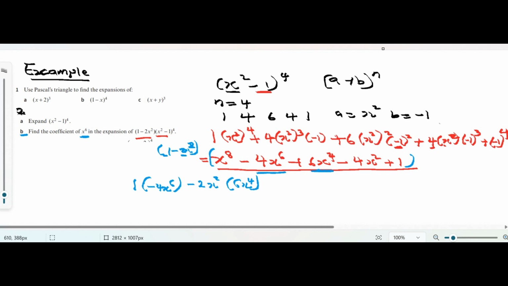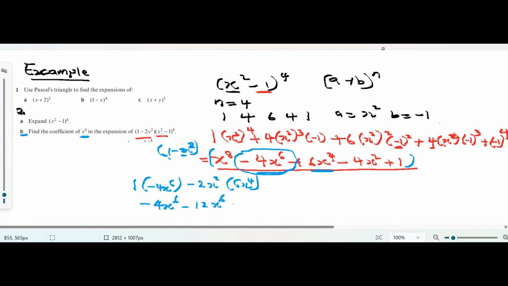If I use this one to multiply all this, it is only minus 4x raised to power 6 that will be power 6 for the first part, and for minus 2x squared, it is only the 6x raised to power 4 that will make it power 6. So I can expand it to be minus 4x^6, and this one should be minus 12x^6.